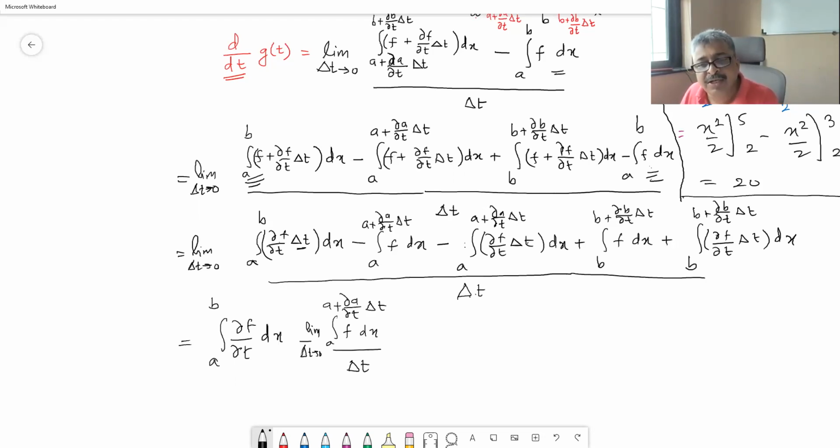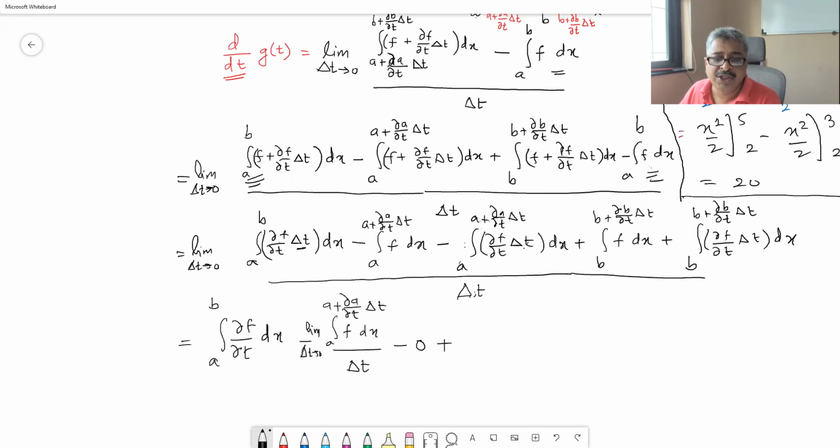This delta t will get cancelled. Okay, so the denominator is not 0 now, and you are evaluating it between very small limits. So as delta t tends to 0, the integration from a to a you are evaluating, so this term will become 0, right?